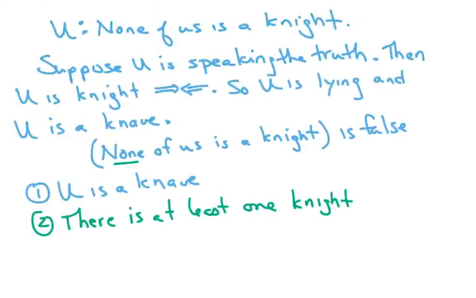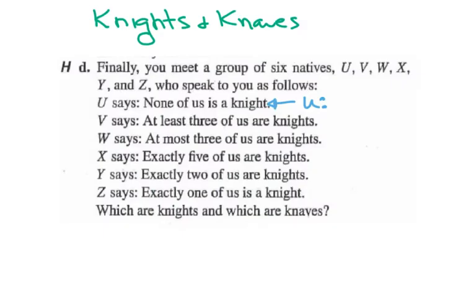Okay, so we have U, V, W, X, Y, and Z to figure out. And we know U is a knave, and we know there's at least one knight. Now V says at least 3 knights.